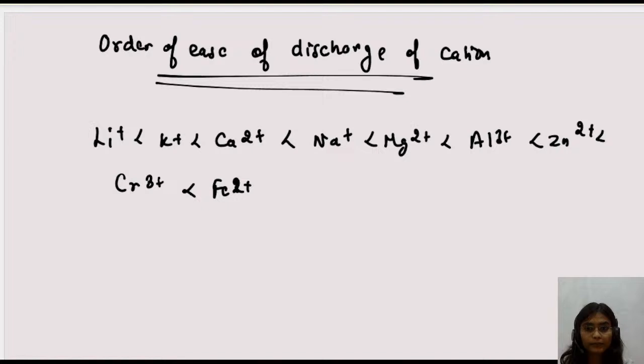Yes, you're right. So remember, the smaller the size, the more the hydration, the lesser the mobility. It's very hard for the ion to deposit, so that's why lithium is at the very end.